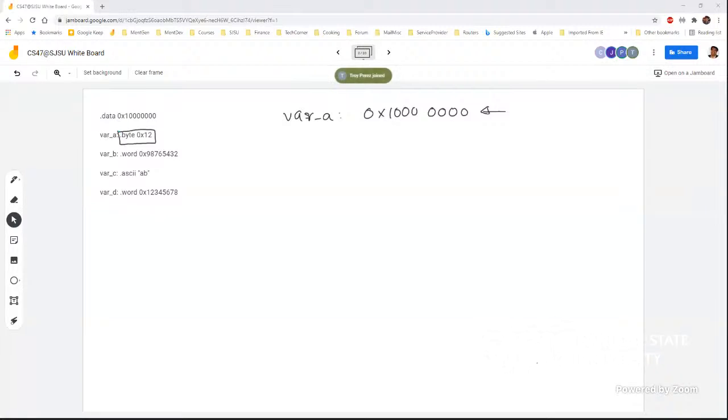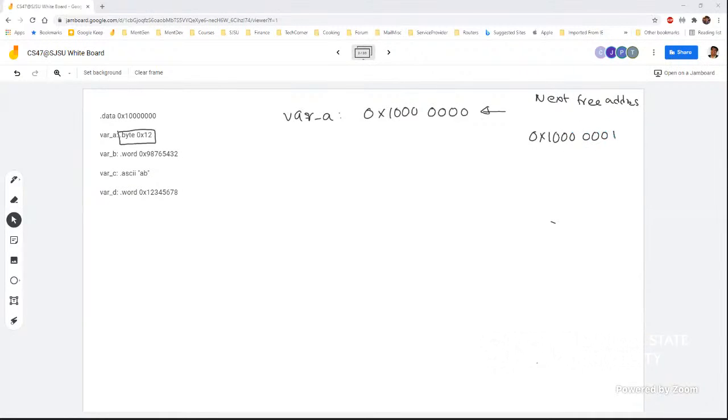So that address contains a byte value, and the next free address, let's track it down, is 0x10000001.